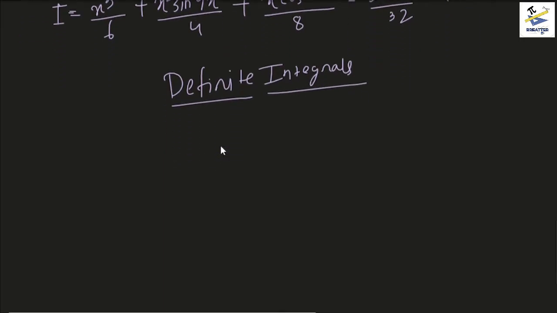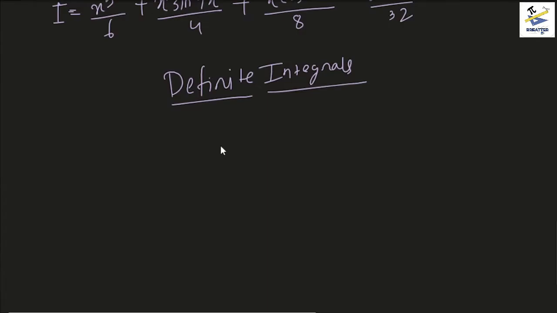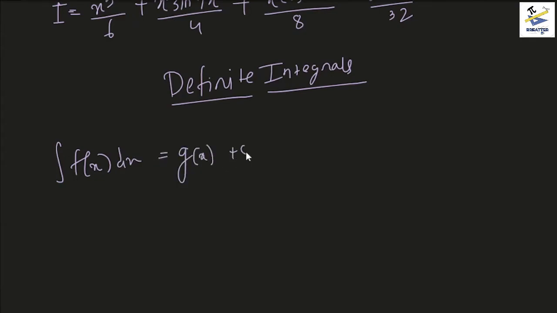Now, as we have learned in indefinite integrals, every time we integrate a function, let us say we are integrating f of x dx, what we get back is some function g of x plus C, right? And this g of x is called the antiderivative of f of x, right?